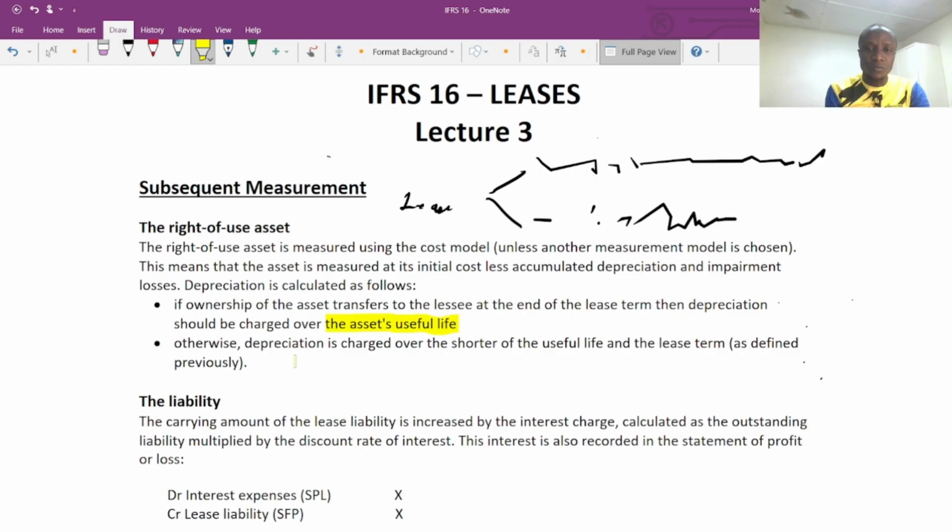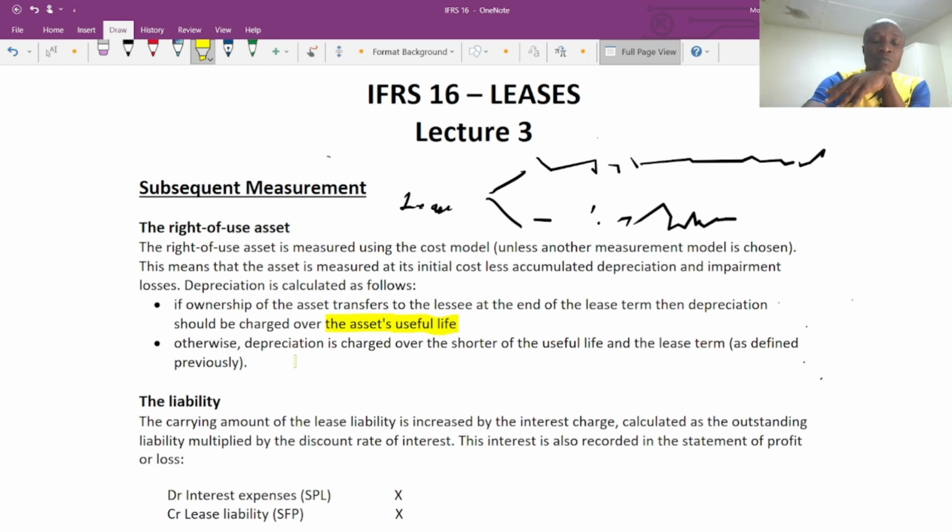At the end of the lease period, the motor vehicle will be returned to the lessor. So in this situation, we are going to use the lower of the useful life or the lease term, which is the 2 years, to calculate our depreciation.